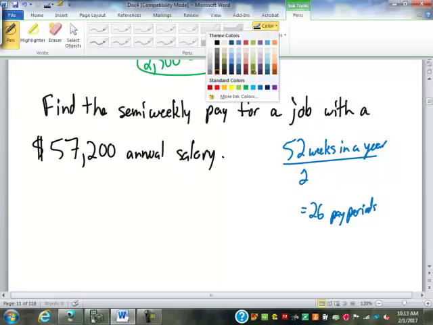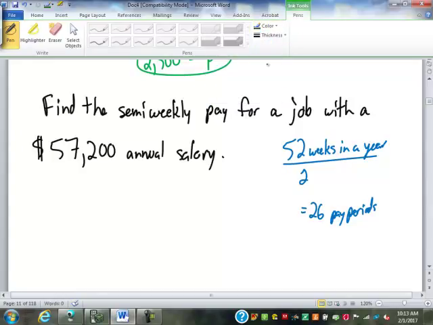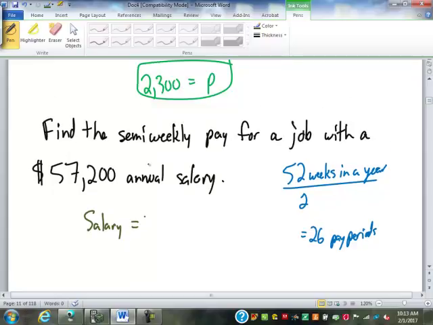So as you look at that one, how would we set this one up? Your annual salary is going to equal what? Perfect. 26 times X, or times whatever your pay is for each pay period.